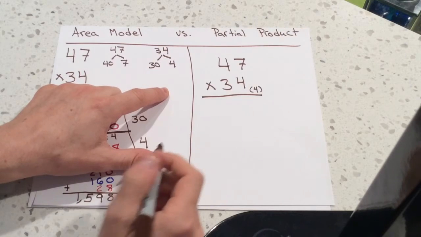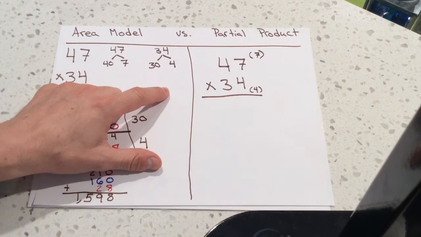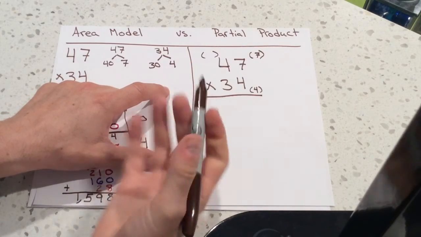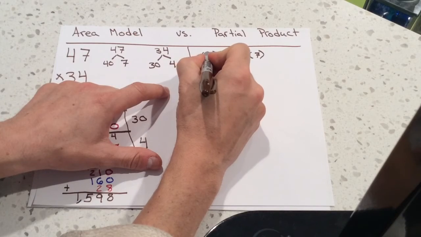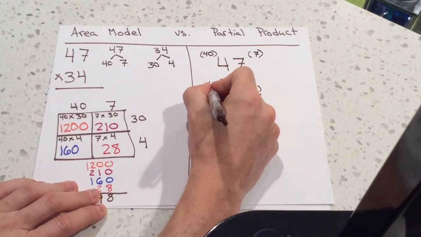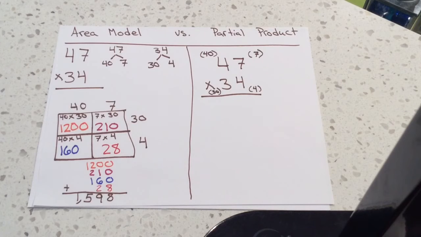It's just a 4 in the ones place. The value of the 7 is 7. The value of this 4, it's a 4 in the tens place. So we think of it as having 4 ten sticks, which would be 40. And the value of this 3 would be 30. So that's step 1, recording the values of each digit.